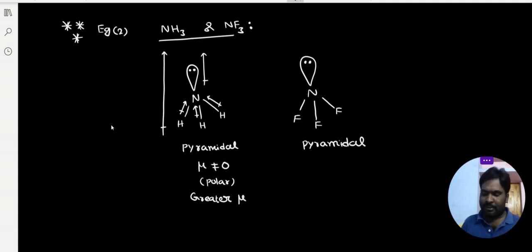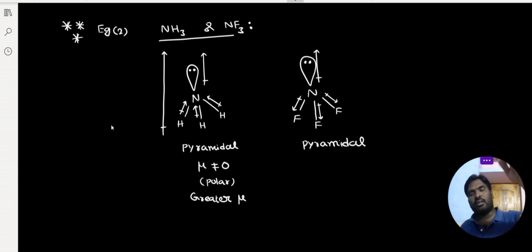Coming to NF3, nitrogen fluorine, which is more electronegative, fluorine. So bond polarity is working towards fluorine, but the lone pair is always out of the plane. Here bond polarity is working downside, lone pair polarity working upside, top side. So somewhat the polarity is cancelled out. But bond pair polarity strength and lone pair polarity strength are different.